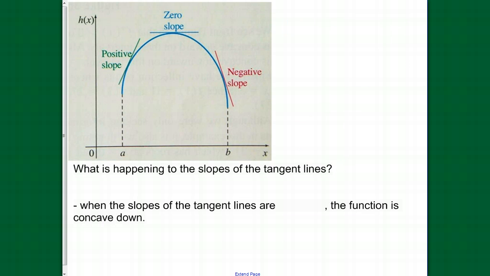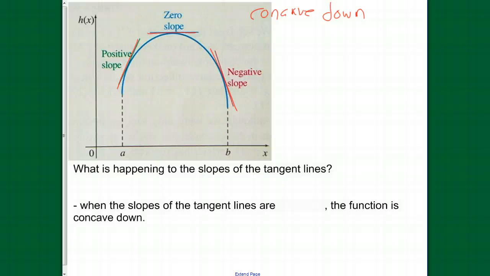Okay, looking at this graph, obviously, it's concave down. But the first derivative gives us these slopes of the tangent lines. The second derivative is the change in the slopes. Positive, down to 0, down to negative. So that's decreasing. And just like we talked about with the first derivative, when the first derivative was negative, the function was decreasing.